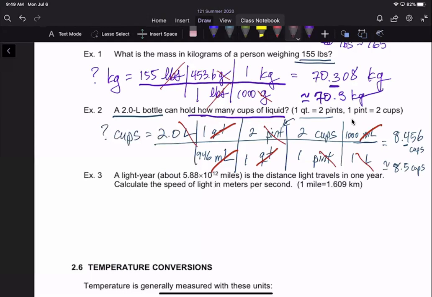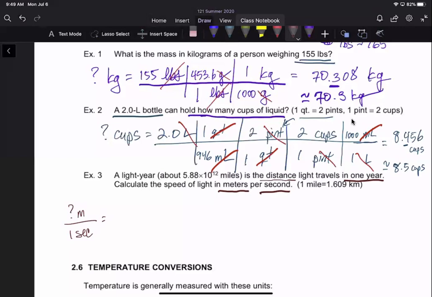In the next one, we have 2 factors again. Calculate the speed of light in meters per second. So how many meters can it travel in 1 second? And we're going to start with a light year. This is a distance in 1 year. In means 1 over. So let's start by writing a factor of that given information.